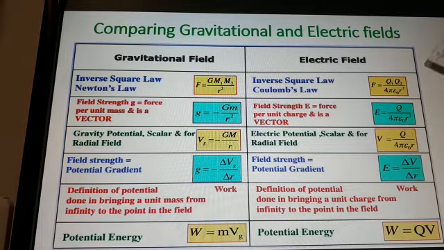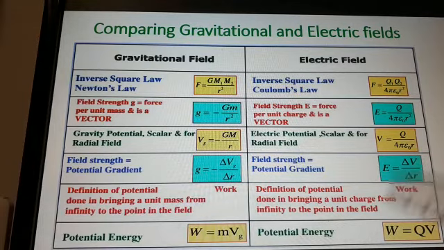Gravitational potential is the work done in bringing a unit mass from infinity to that point. Electric potential is the work done in bringing a unit charge from infinity to that point. The equation for potential energy is W equals mass times gravitational potential. Here, potential energy in the electric field equals charge times electric potential.